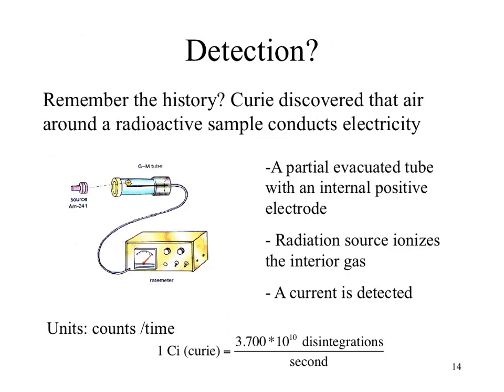So if the electric current spikes by, let's pick some random number, say a volt, we can then convert that into a particular disintegration. So what we can do is count those radioactive numbers and then translate that into our disintegrations per second, then into becquerels, then into curies.